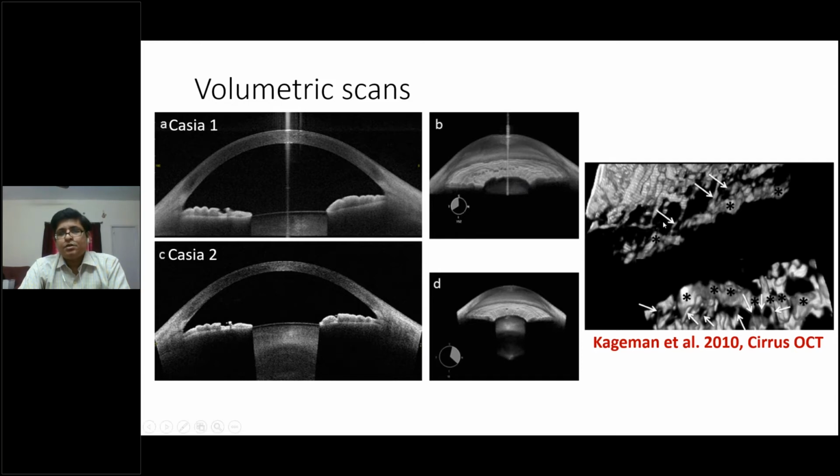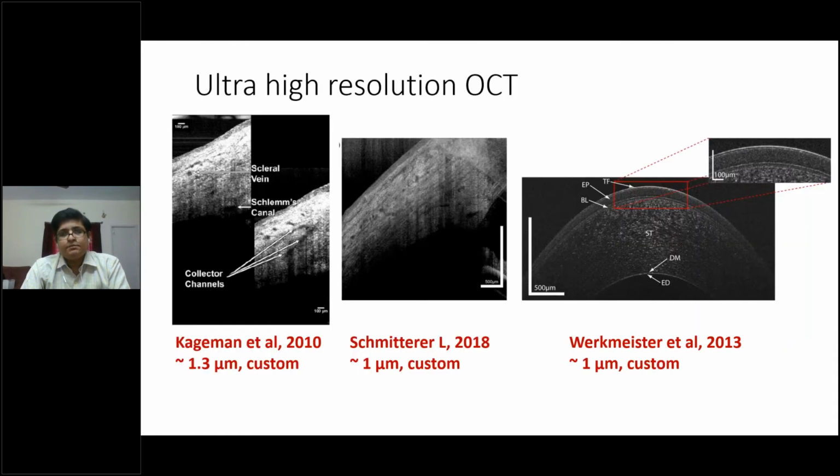Also, people are trying to get the cross-sectional view of the Schlemm's canal as well. And ultra high resolution OCT, even though it doesn't have the penetration depth, is being used more in the cornea, but we can actually image the Schlemm's canal much more clearly.